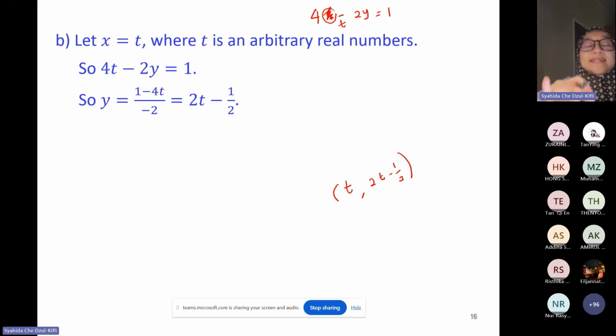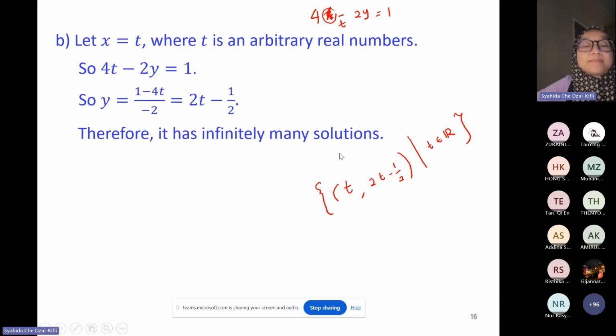So this is the general form of the solution for this linear equation. And the solution set is this, for every t in R. I guess that's clear.